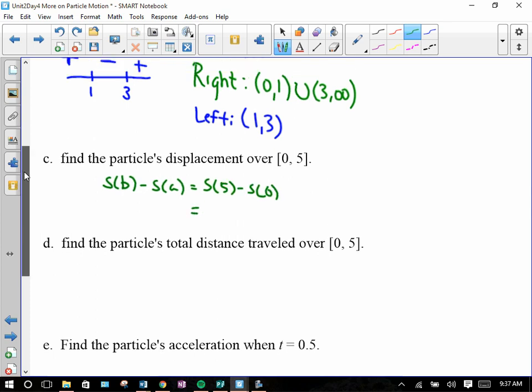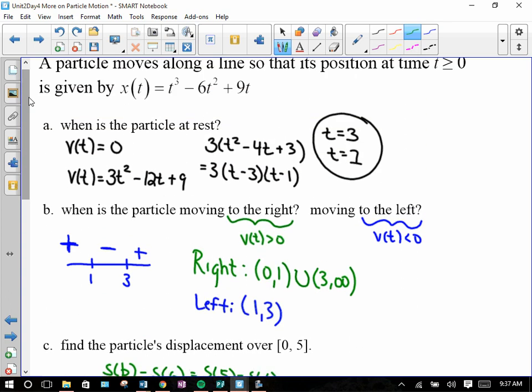So I go up here and plug 5 in. I'm going to get 5 cubed, that's 125. 125 minus 5 squared is 25, 25 times 6 is going to be 150, and then plus 9 times 5 is 45.